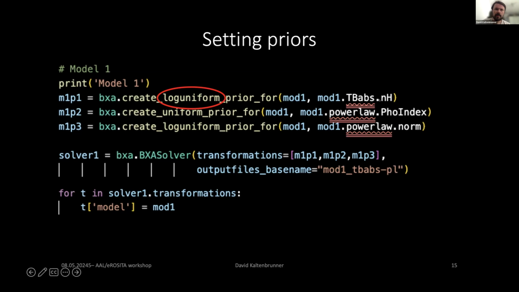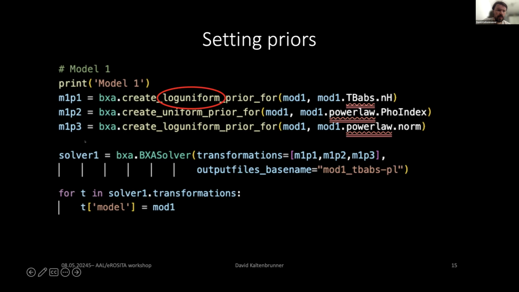If you remember, it was over several orders of magnitude, so we definitely want to have a log uniform prior. And it's for model 1, so for the absorbed power law. Then we do the same for all the other things. For the photon index, we want to have a uniform prior because it only varies within a relatively small range. And the normalization, again, is a large range, so we use a log uniform prior.